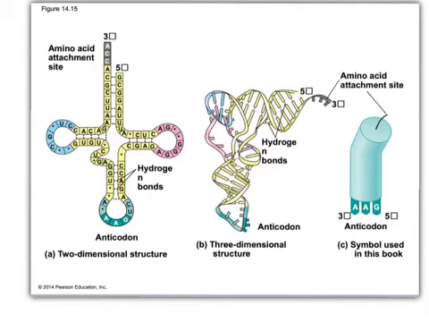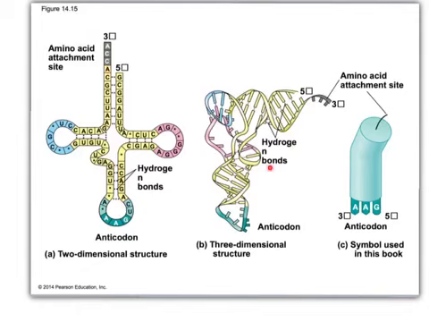Here are your graphical depictions. Your clover leaf structure, with the anticodon, base pairing between the strands itself, and here's your amino acid attachment. Structure, function, it's what it's designed for. That's your 2-dimensional structure.